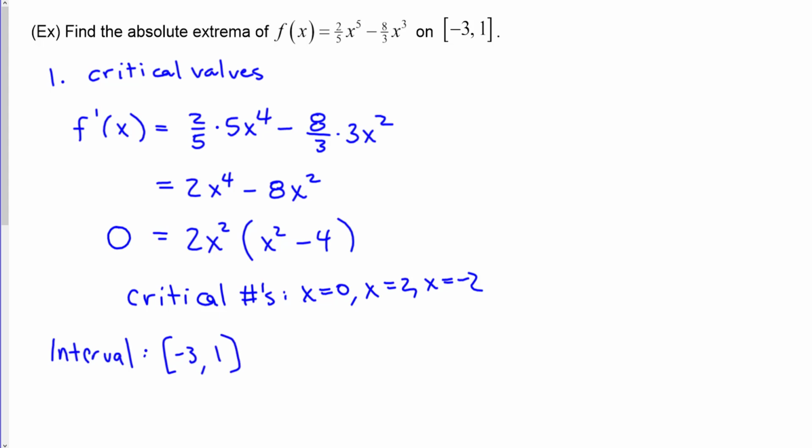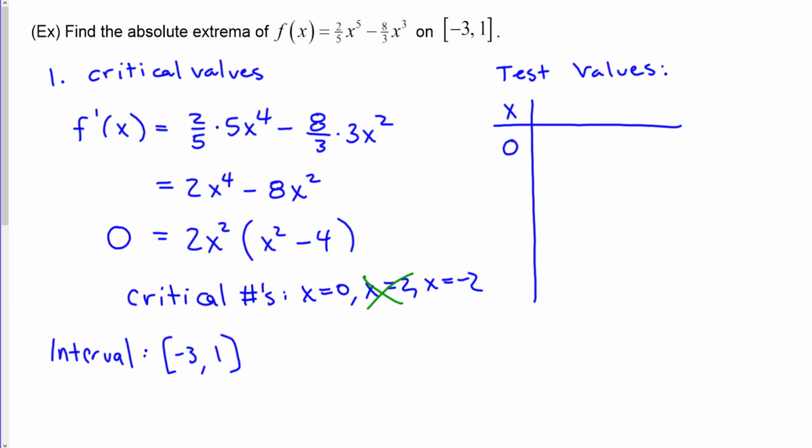So +2 is actually not on this interval, so we don't have to use it as a test value. We can exclude it. So my test values are just different x values: 0 and -2. Those are potential places on the interval that are relative extrema.